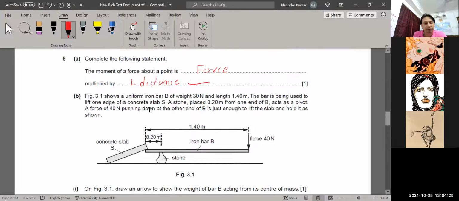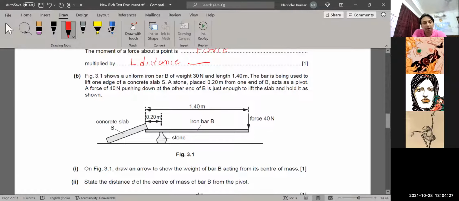5b. This figure 3.1 shows a uniform iron bar having weight 30 Newton. Length is given. Bar is being used to lift one edge of a concrete slab S. Concrete slab, you can see here.